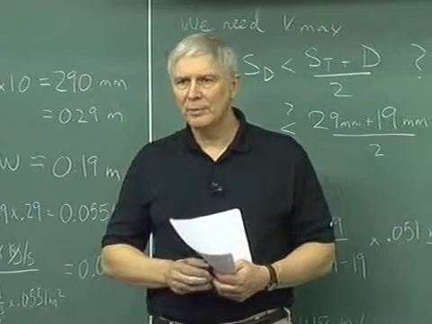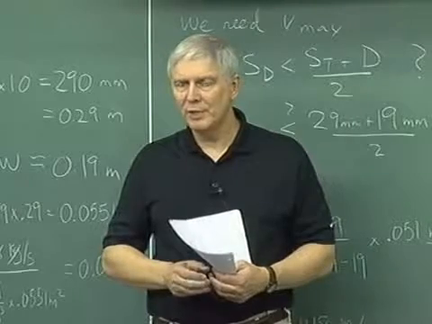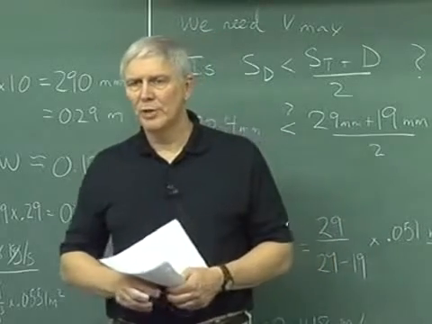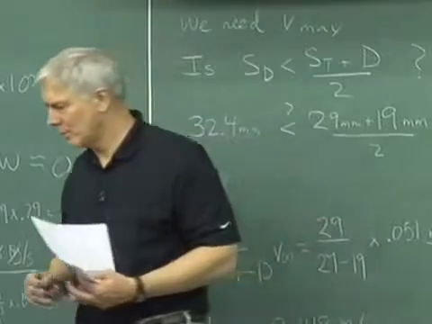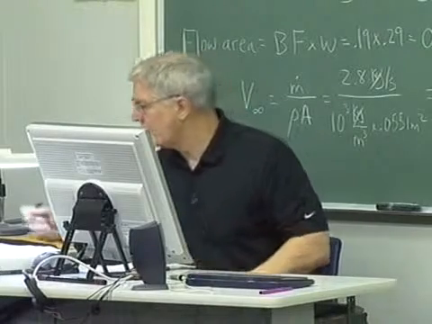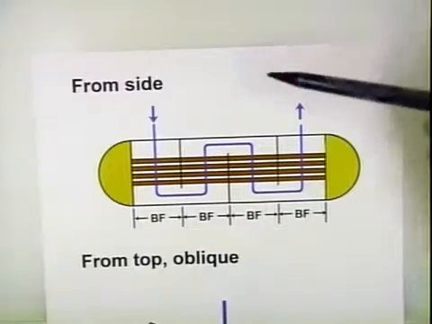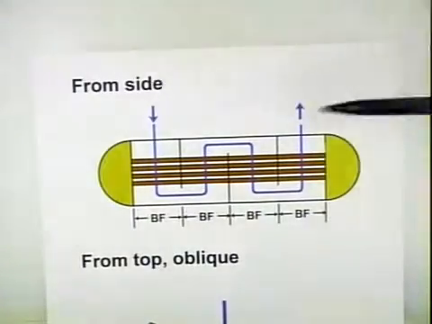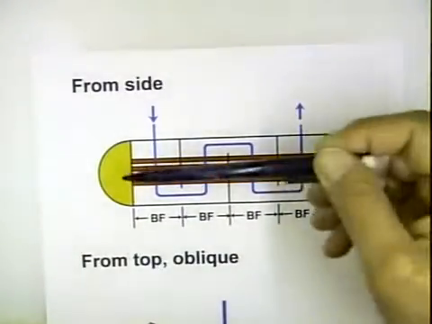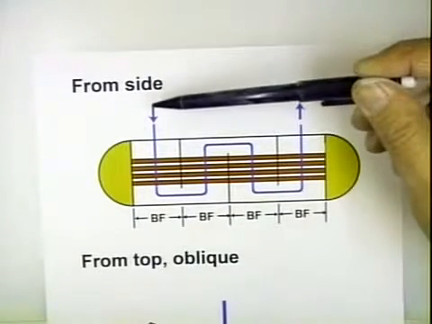Okay, the next step is to evaluate the heat transfer coefficient on the outer tubes. So let's look at a diagram first to see what we're talking about. If we look at the shell and tube heat exchanger from the side, what I've drawn here is, you know, that we have flow going through the tubes like this, and then from the side we have cross flow.